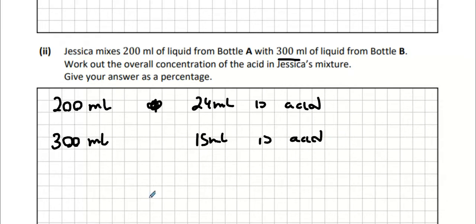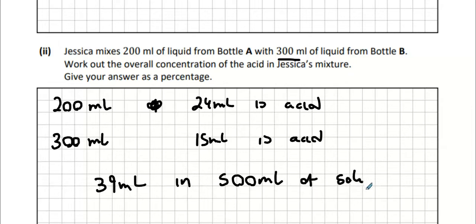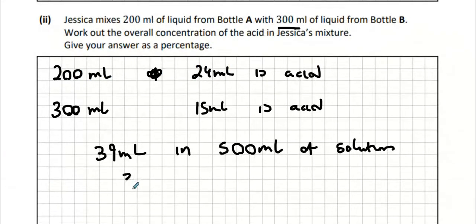So that to me means there's 39 milliliters of acid in 500 milliliters of solution. Okay, and we need to figure that out as a percentage. So it's going to be 39 over 500.